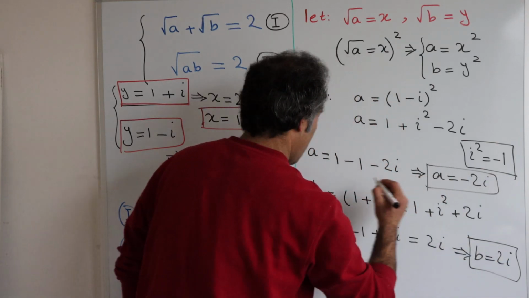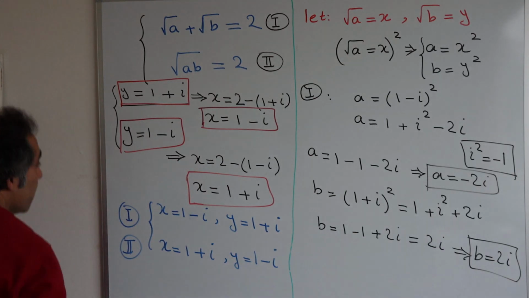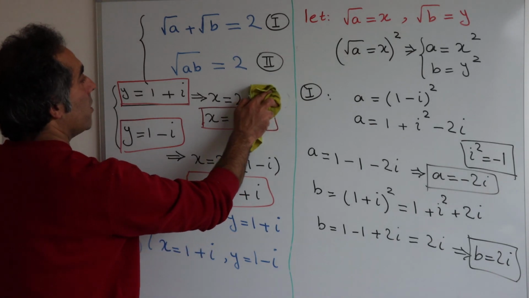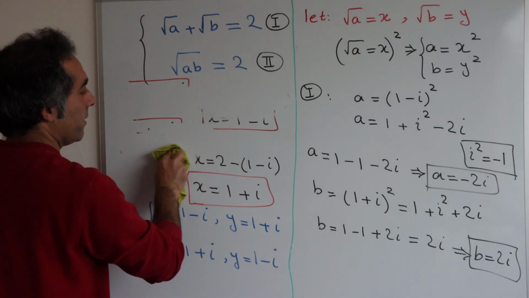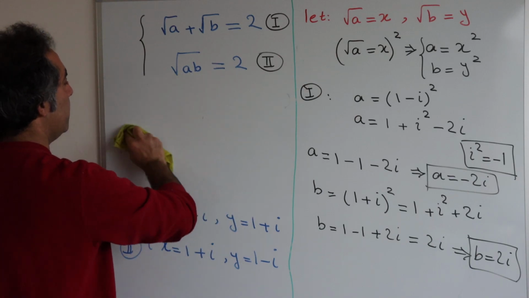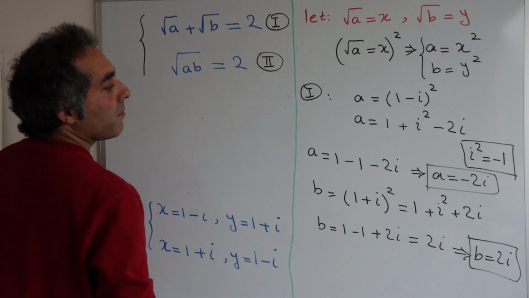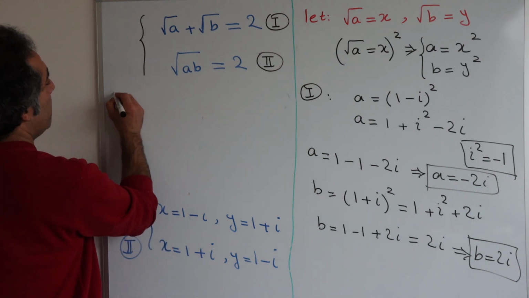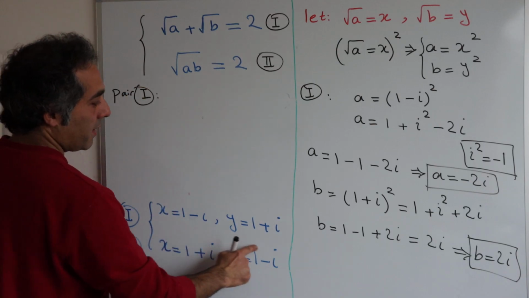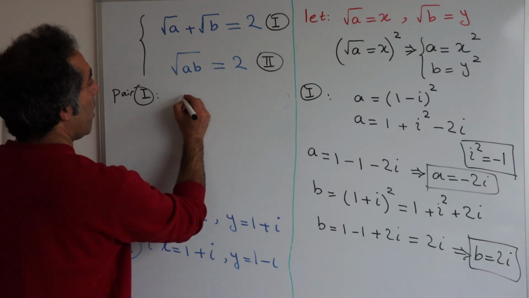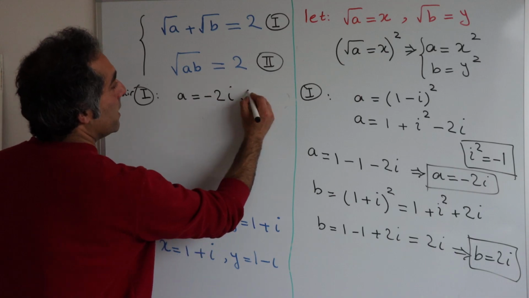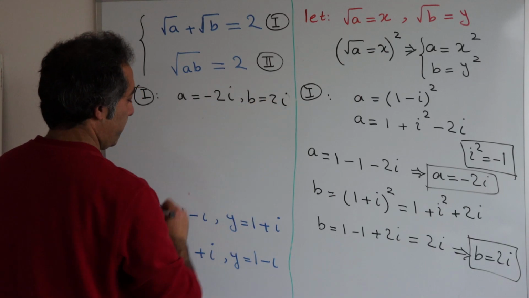Now I can write the conclusion here by erasing the first steps on this side. And now for the first pair, with these equations, we have two answers. a is minus 2i and b is 2i.